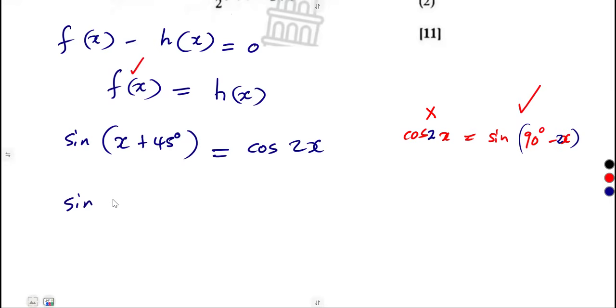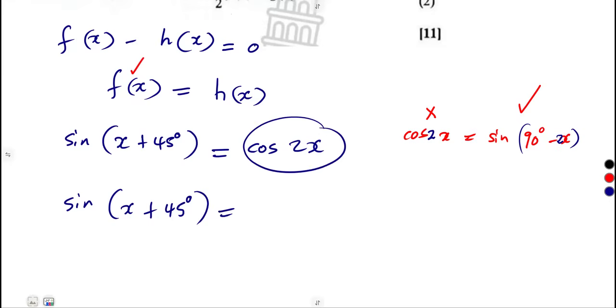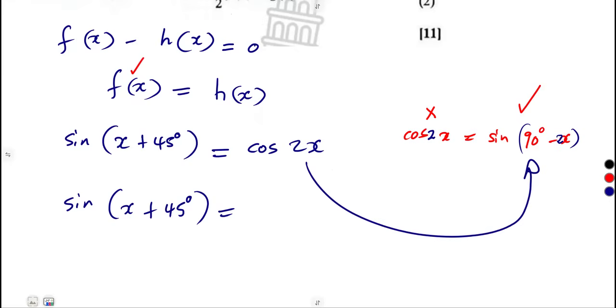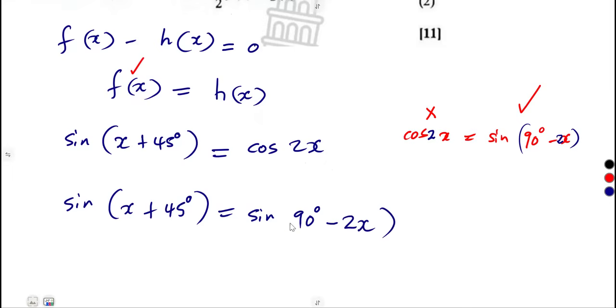So sine of x plus 45 degrees is now equated to this cos 2x, which was written as a sine by the complementary concept. So that's the sine of 90 degrees minus 2x.